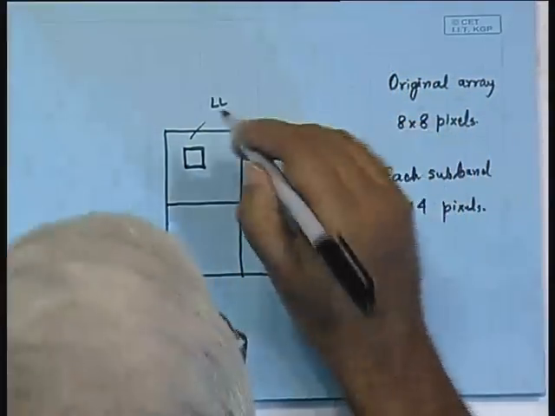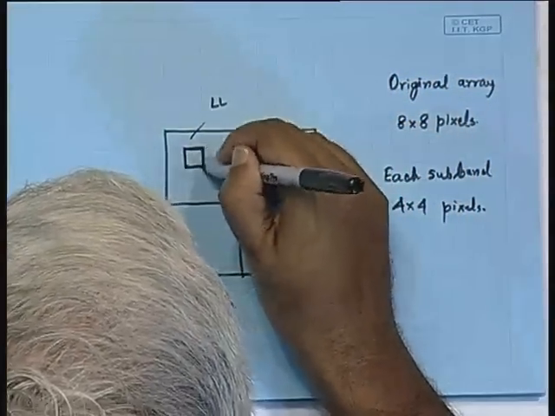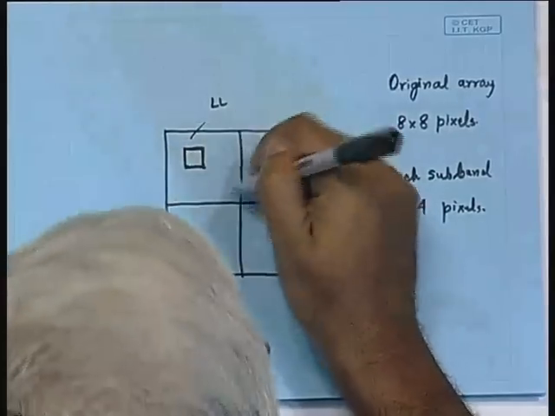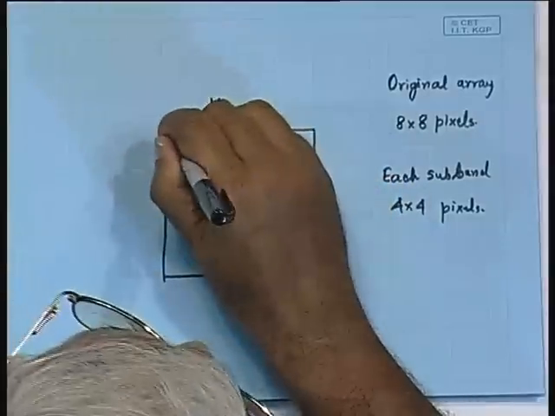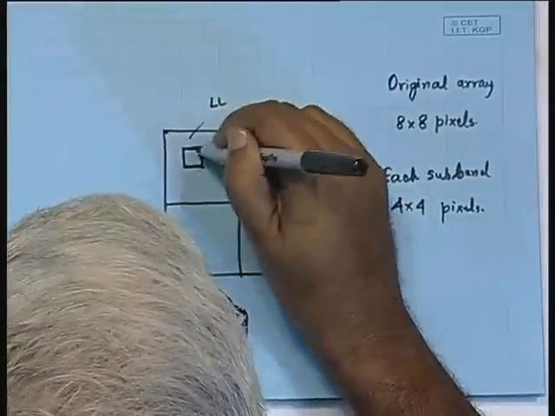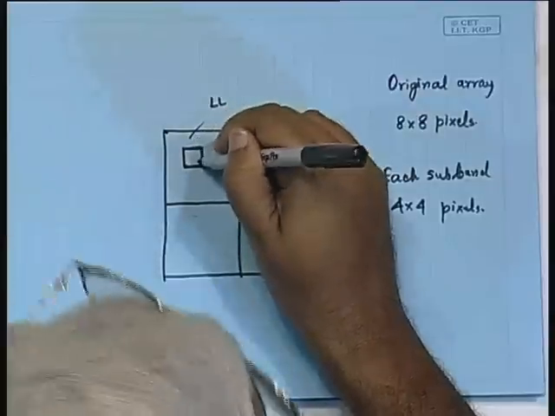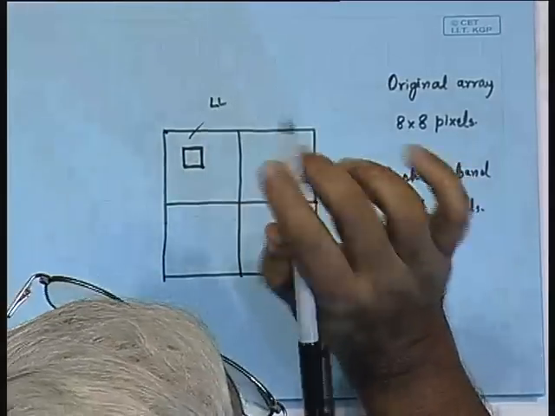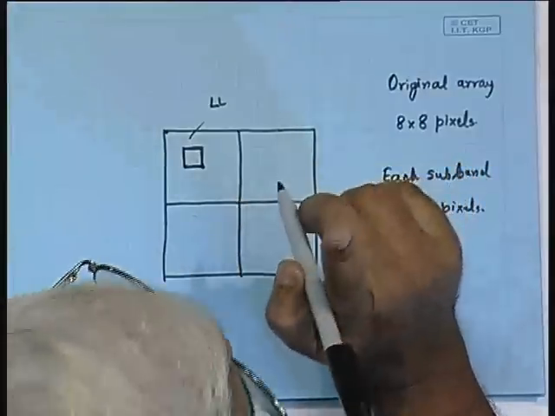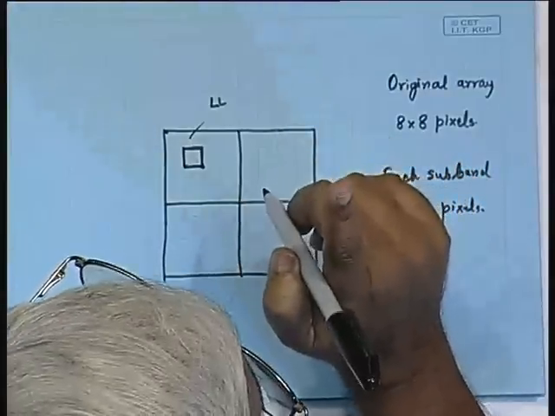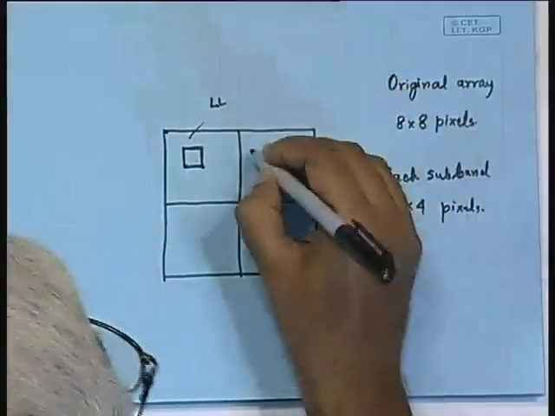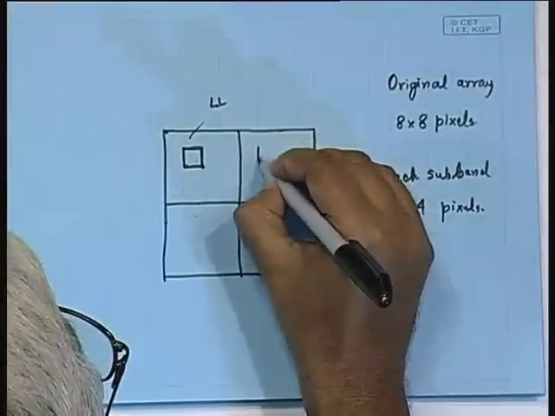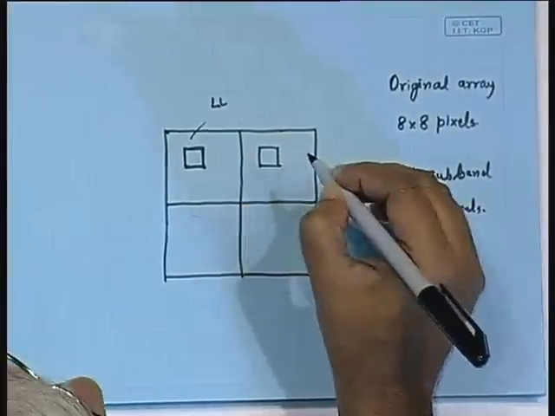Spatially, in terms of the image coordinate within this LL subband space, if I take this to be the reference, then its coordinate is 1 1. So this is the 1 1 coordinate with respect to the LL subband. Now, at the same pixel position 1 1, we have the HL subband image. So the HL subband image will have this pixel position.